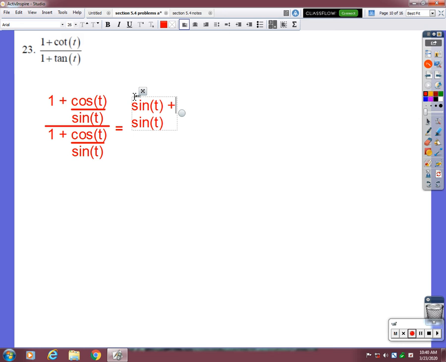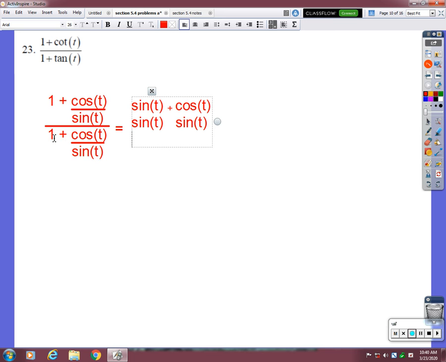And then I still have cosine of t divided by sine of t.